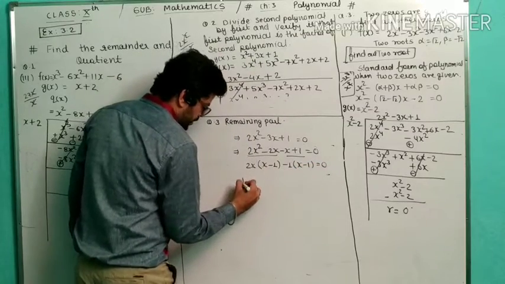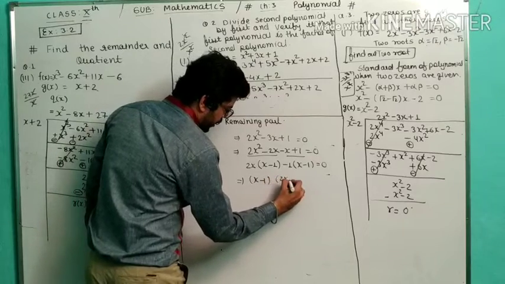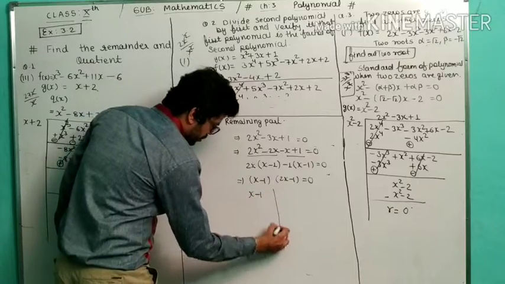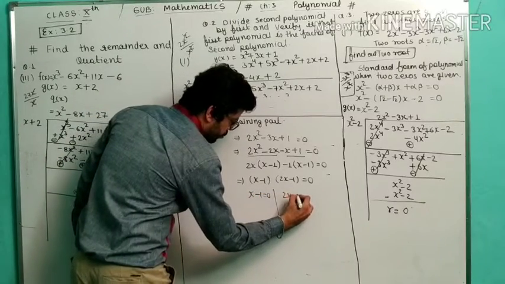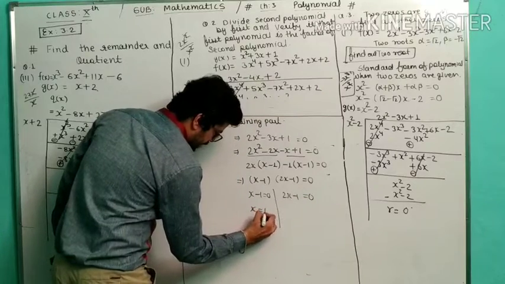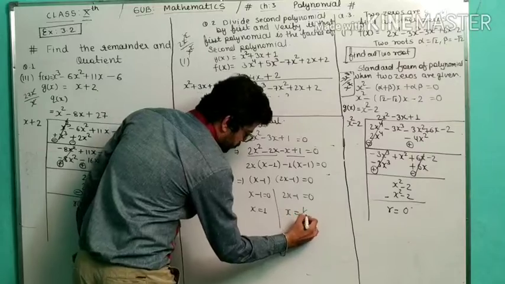The whole common is x minus 1, and here it is 2x minus 1. Separate it: x minus 1 is equal to 0 and 2x minus 1 is equal to 0. So x is equal to 1 and x is equal to 1 by 2.